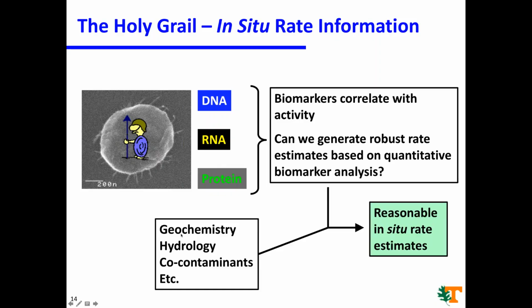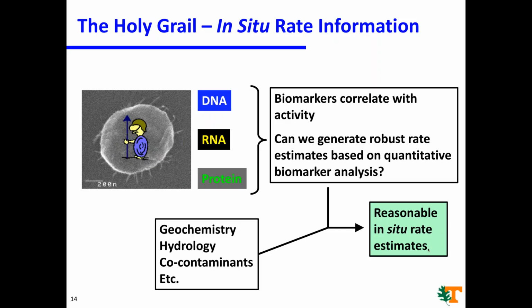If this is then integrated with geochemical and hydrological information, which could include co-contaminants and other things one could measure, and you take this quantitative biomarker analysis, I believe there's an opportunity to get reasonable in situ rate estimates. We are not quite there yet, but I believe in the near future, there will be work being done that explores and possibly validates this type of approach.